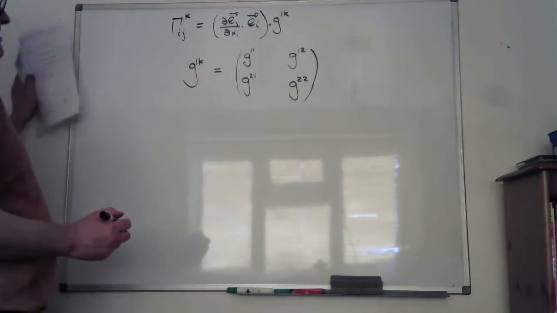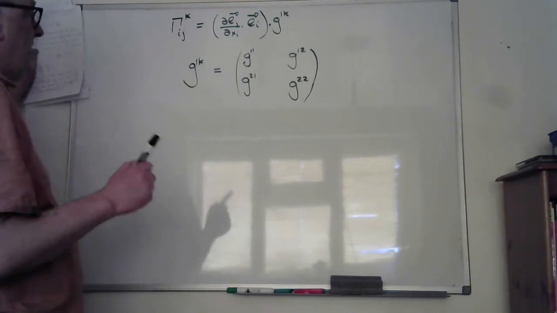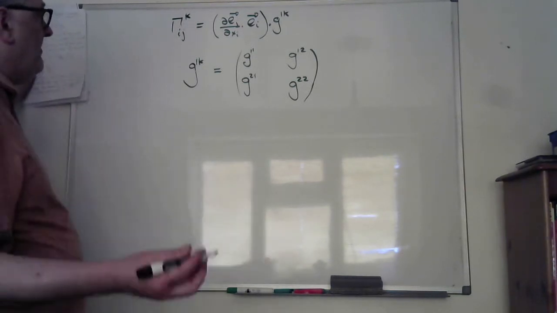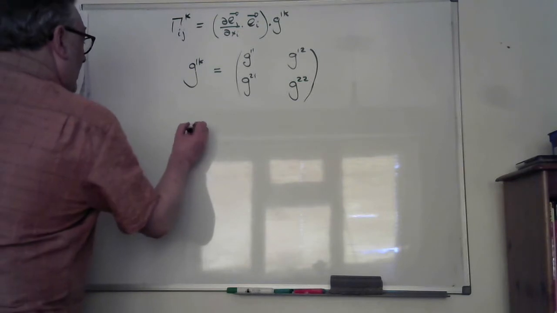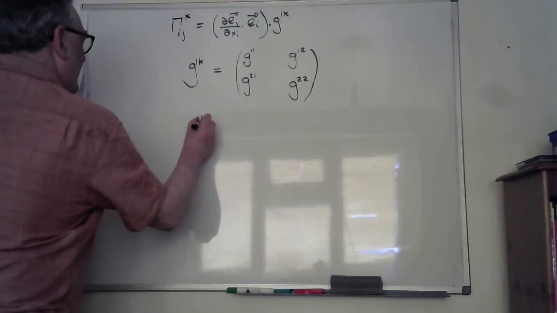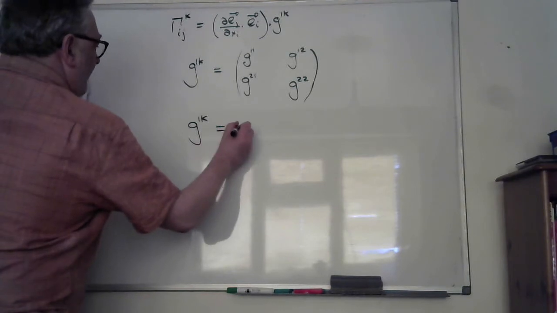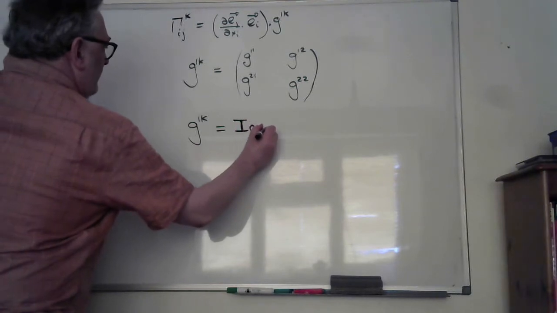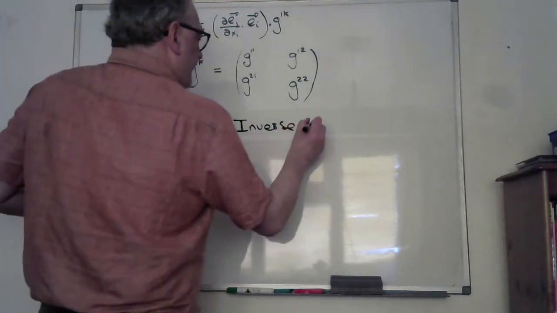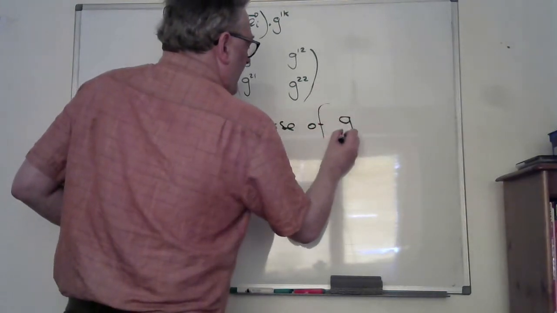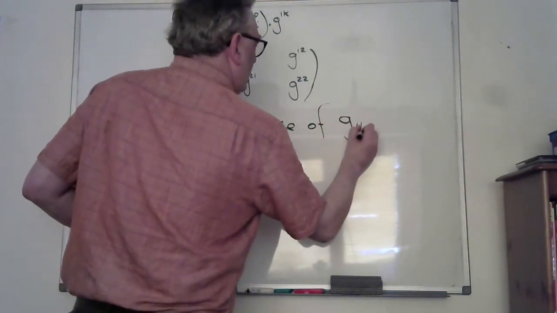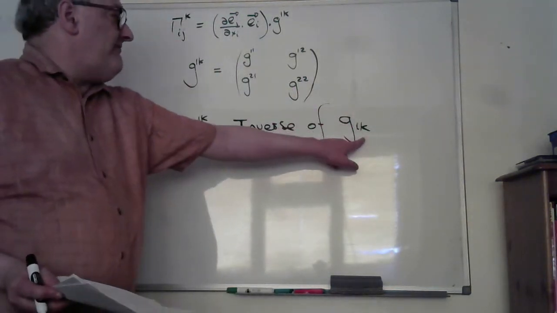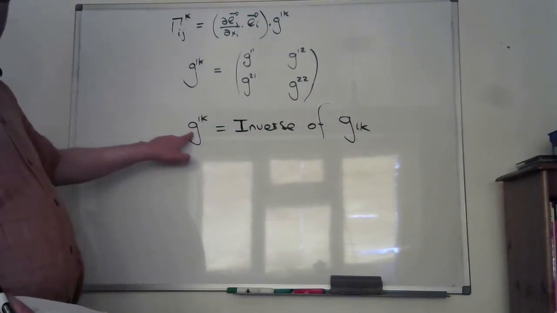Now it turns out, and I'm going to mention this now because we need to know it, so that hopefully we understand what we're doing more coherently than we would otherwise, the g^lk is obtained by finding the inverse of the g sub lk. And this is a matrix similar to that, but we have to find this first before we can find this.